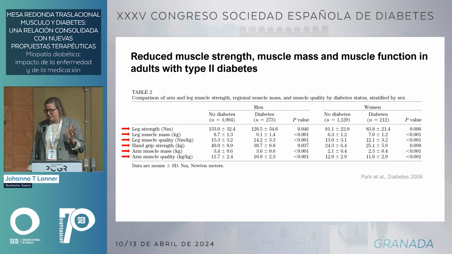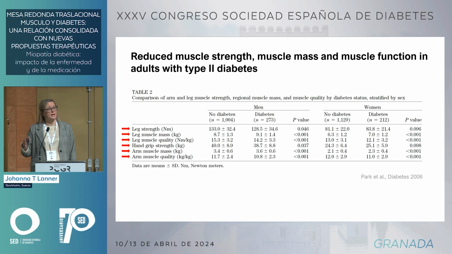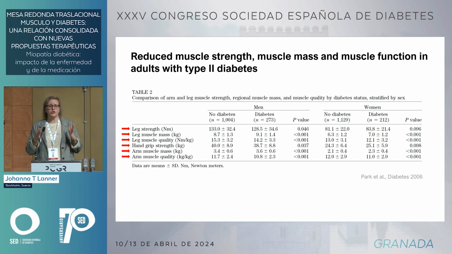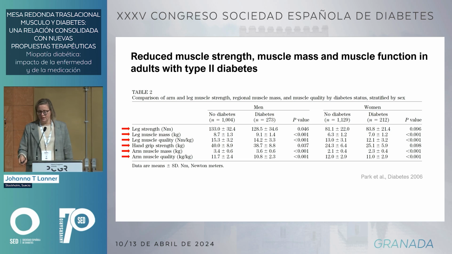So this paper came out in Diabetes in 2006 by Anderson et al. And I think this is one of the first studies where they really showed this diabetic myopathy, that is, the function was declined. It's not only that you have less muscle protein, but you also have reduced muscle quality.